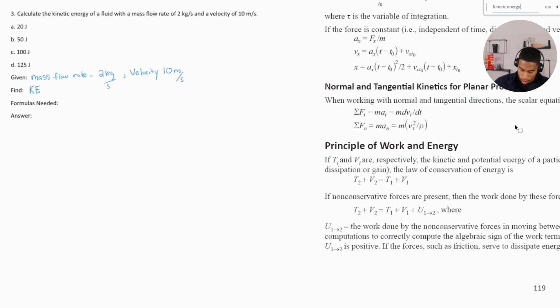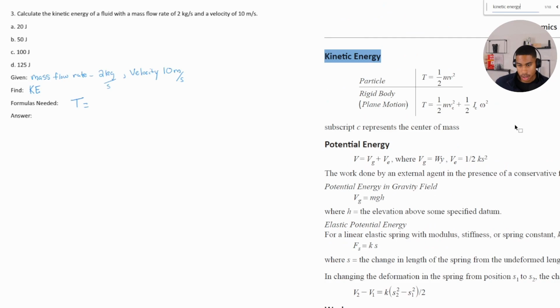So T is kinetic energy. So I get T is equal to 1/2 mv squared.